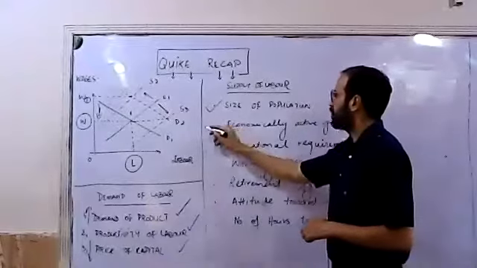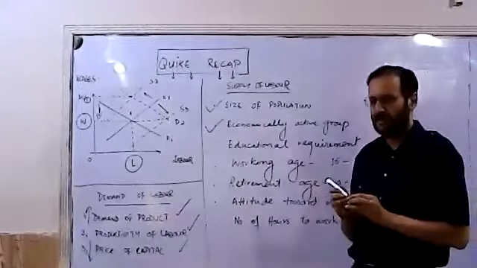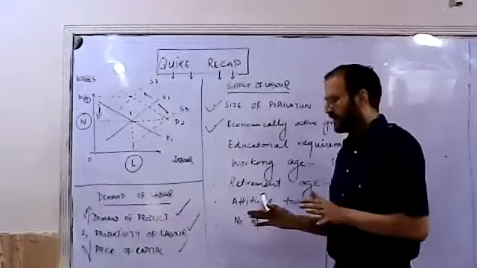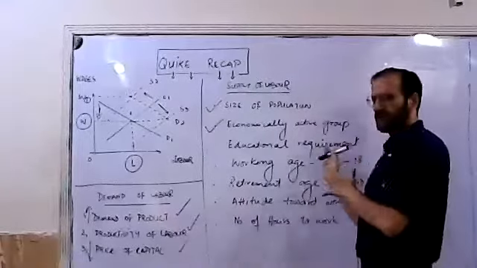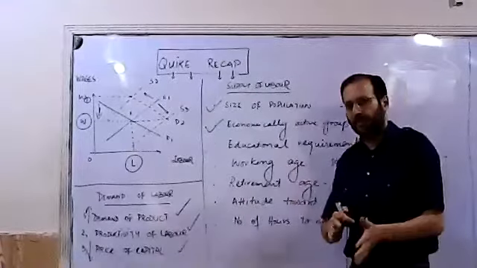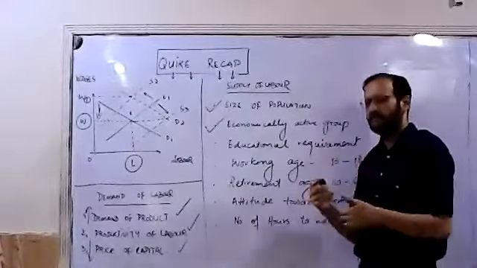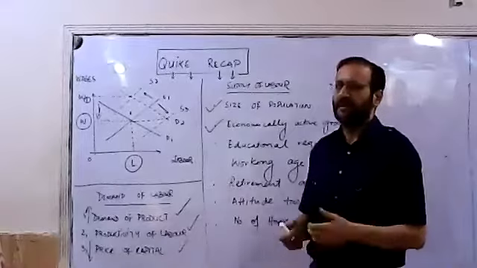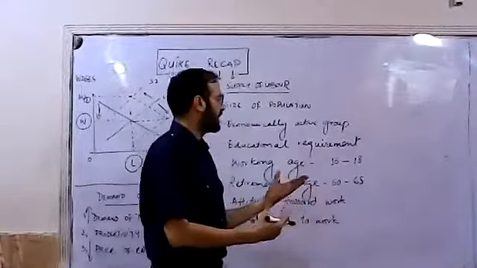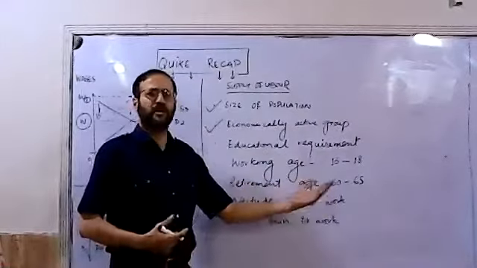Number two is the economically active group. Now, if there is an active group, there should otherwise be an idle group. So let's find out who are the active. Active means somebody who is willing to work in any profession or occupation.